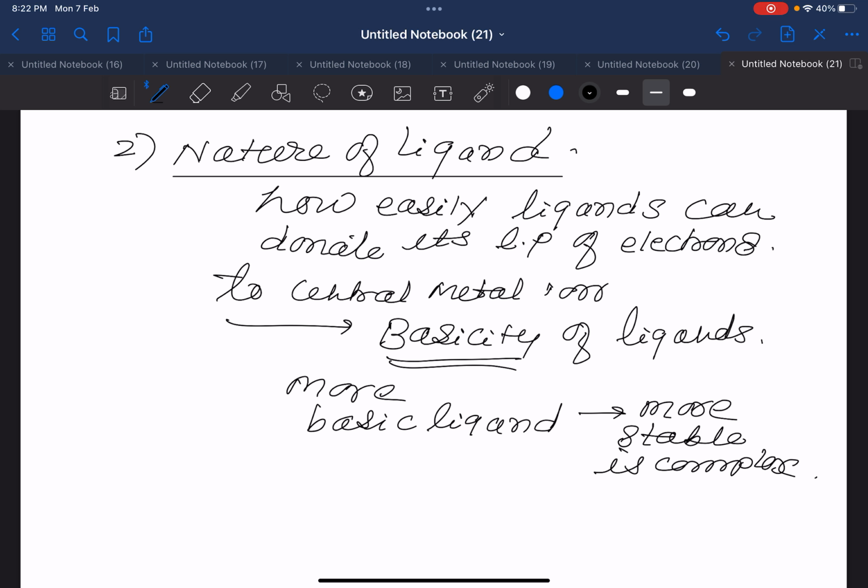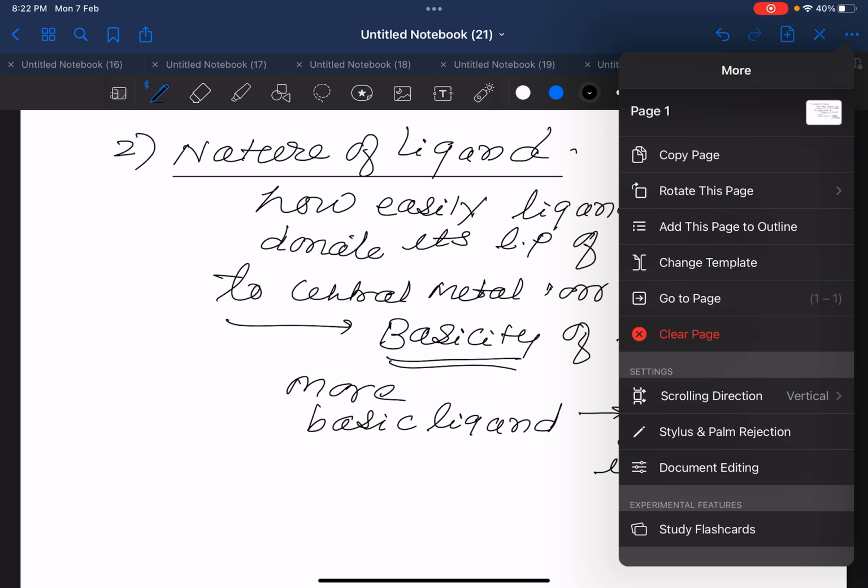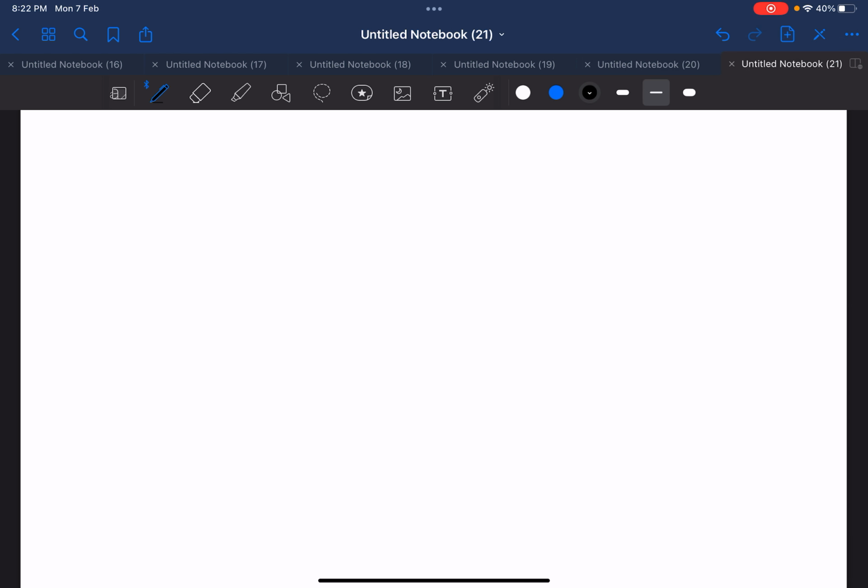Now, there are some theories which give the bonding in complexes. From those, one of the theories is valence bond theory. It states that hybridized state is a theoretical state that describes how complexes are formed.